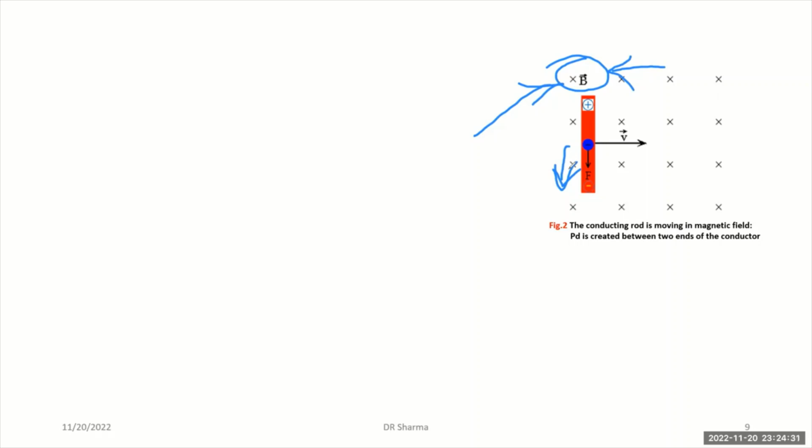Which potential difference is called the motional EMF? Only the maximum value. So for a given magnetic field strength, the potential difference created between the ends of the conductor due to its motion is called the motional EMF.